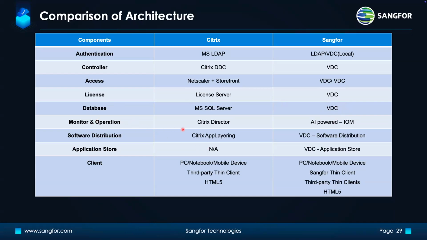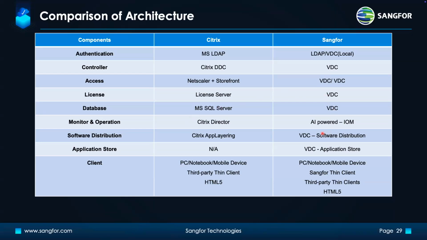Monitoring and operations: Citrix Director comes in three flavors. The standard version gives you 7 days history, advanced 30 days, and premium 1 year. So if you want a long history, you have to invest in the premium, which is again extremely expensive, right?